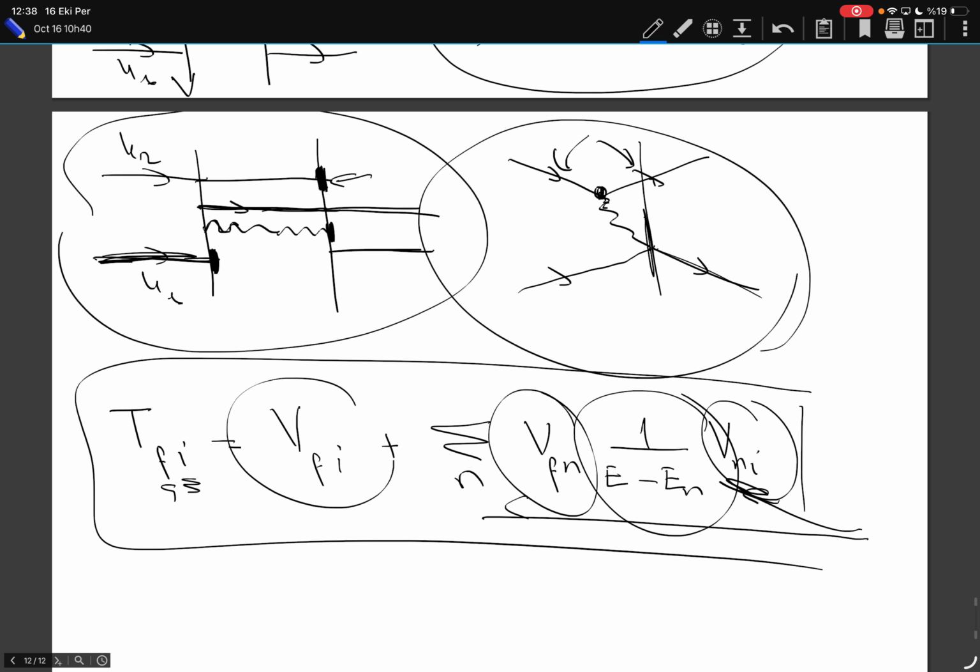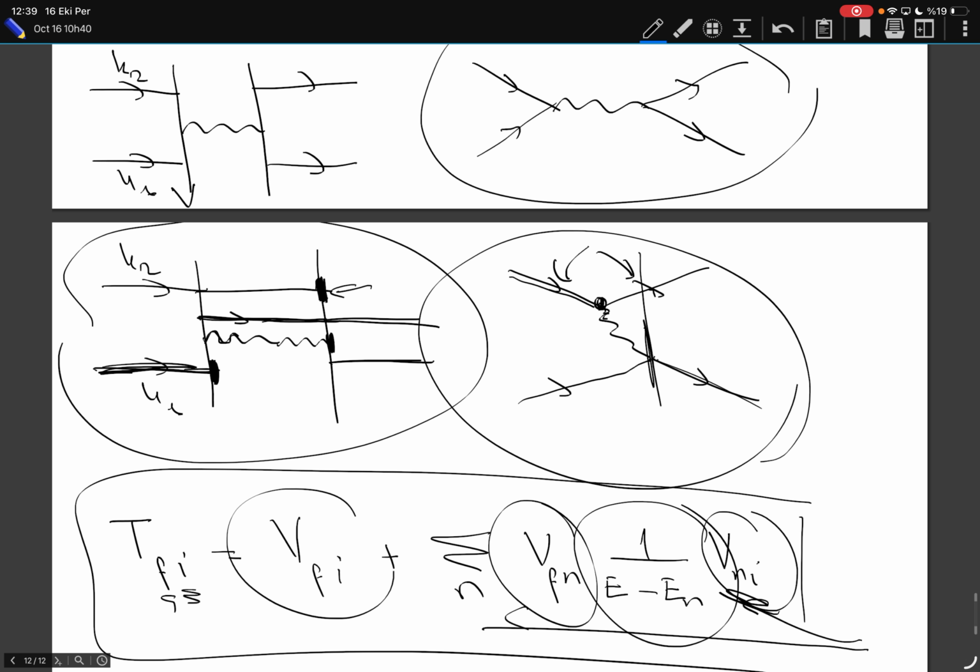Now, I'm just looking at VIN and saying that, in this VIN, my potential annihilates particle 1, let's call it electron, annihilates the electron and creates a photon. That is why I show it like this, as if there was a time. Here the electron is annihilated, another electron is created, and the photon is created.